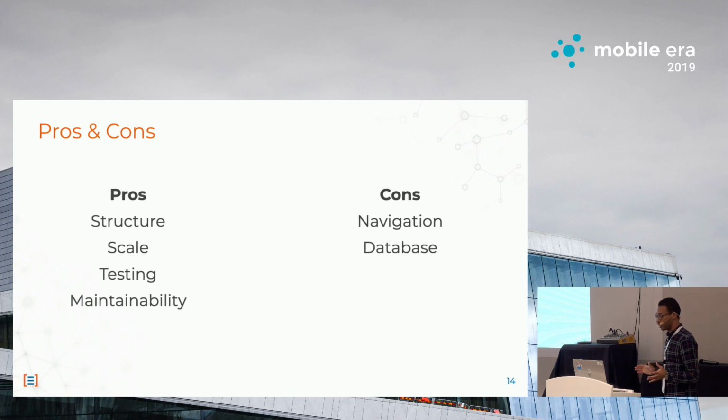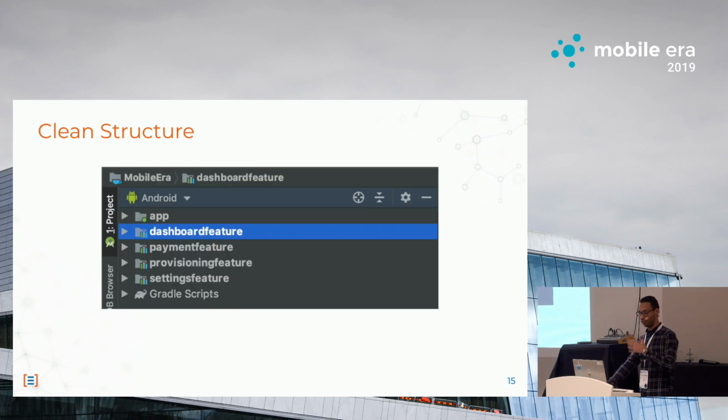So at first sight, what are the pros and cons of modular architectures? We have a good structure. We have modules that are easy to understand. You can import it, export it, and use it in other applications.